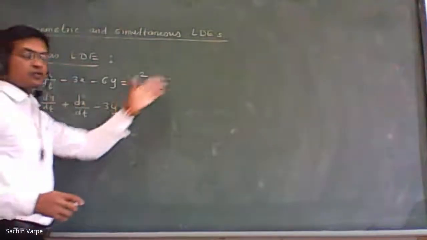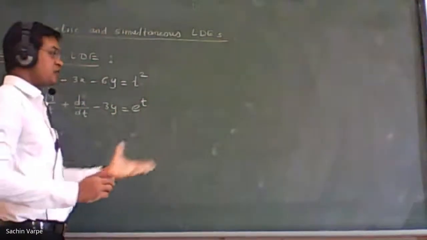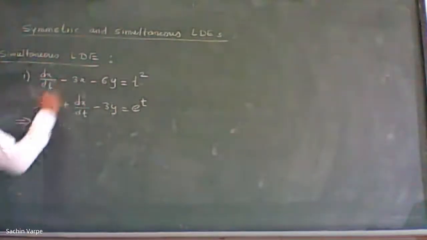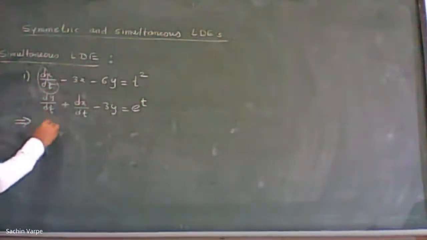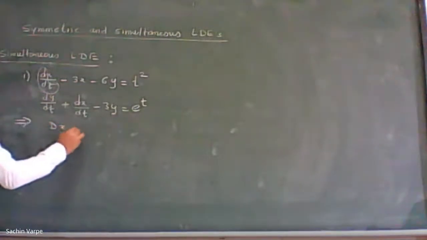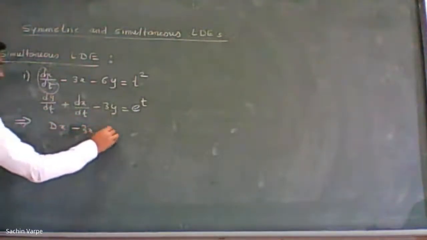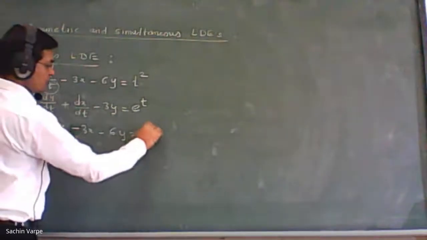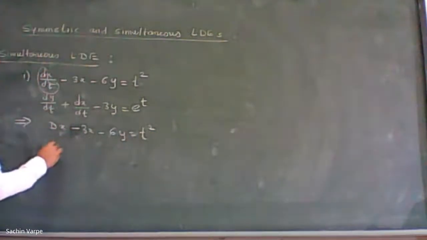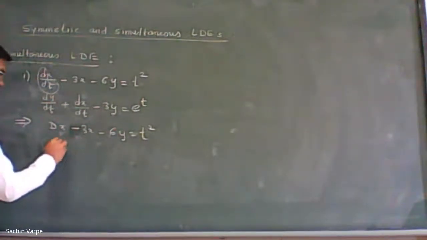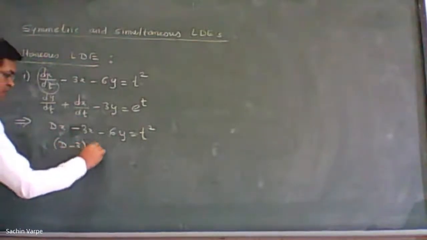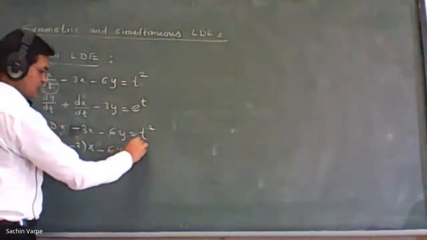So first of all, let us write these equations into the standard form, ax plus by is equal to c. Let us write in capital D form: Dx minus 3x minus 6y is equal to t square. Taking x common, it will be (D minus 3) into x minus 6y is equal to t square.